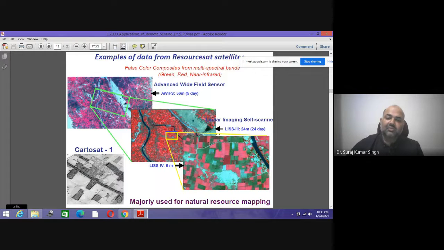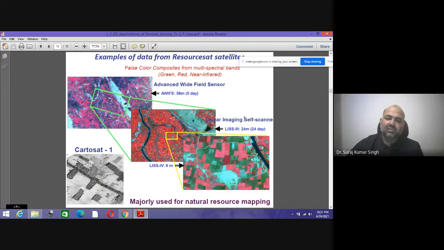So we'll start off with the applications, how remote sensing data are commonly used for delineation of various Earth objects. In the first image, you will see the Advanced Wide Field Sensor, AWiFS, with a spatial resolution of 56 meters and a revisit time of 5 days. Thereafter, the spatial resolution increases.